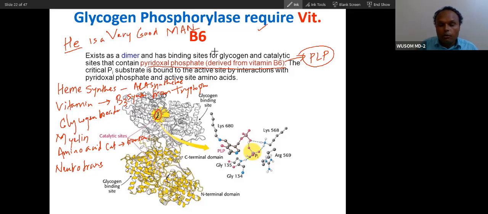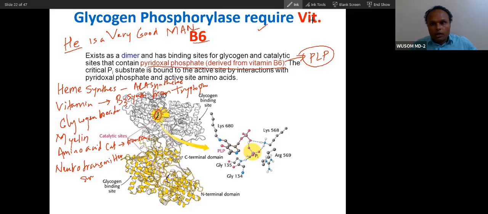I have given you the mnemonic so that you will not lose track, so that I can revise it many times. Neurotransmitter synthesis. So remember 6. B6 has 6 functions. 1, 2, 3, 4, 5, 6. So B6 has 6 functions.